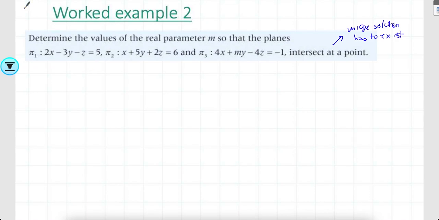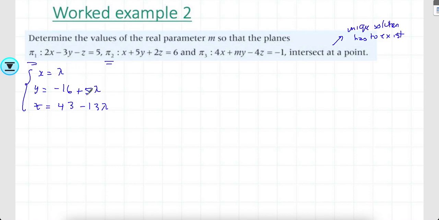But what I have done is I've eliminated, I've made x the lambda. So as I'm trying to find the intersection between these two, plane 1 and plane 2, I end up with x being lambda, and then y being negative 16 plus 5 lambda, and z being 43 minus 13 lambda.